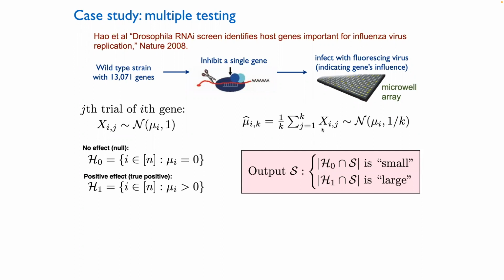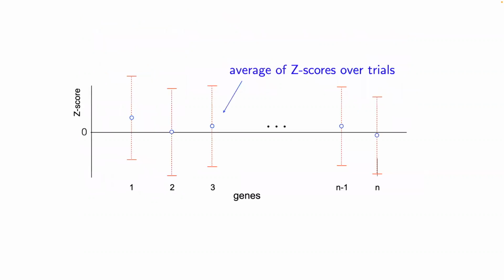And the objective is to output some set S where there's no effect, or it could be a negative, less than or equal to 0, or a positive effect. And you're trying to find all those genes or website designs that have some positive effect. So you want to output some set S that has high intersection with H1 and low intersection with H0.